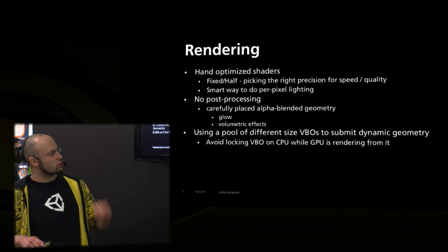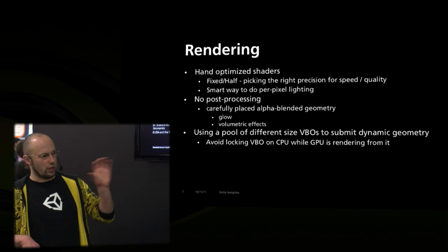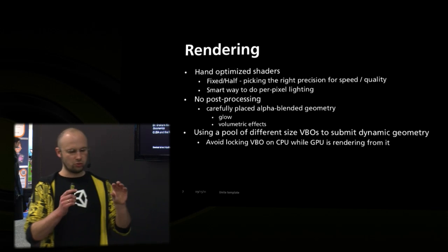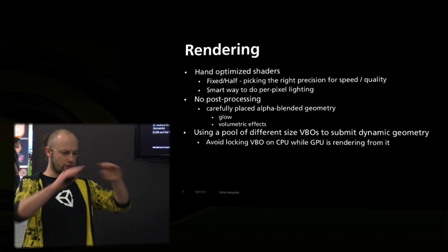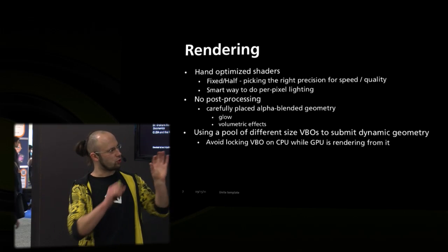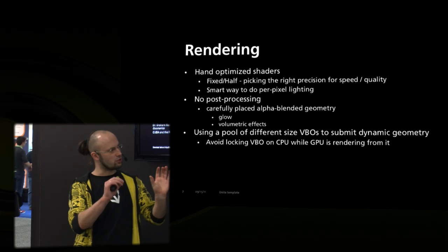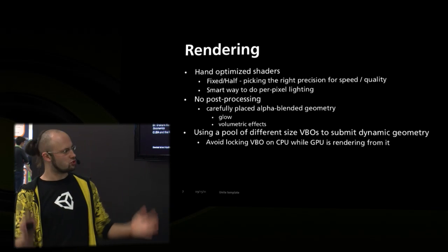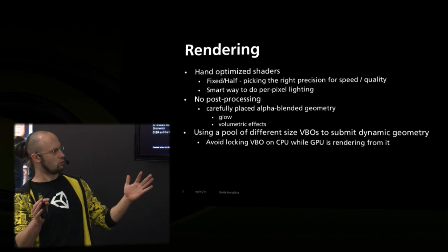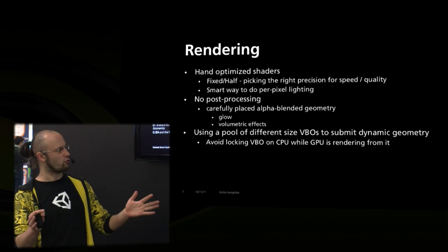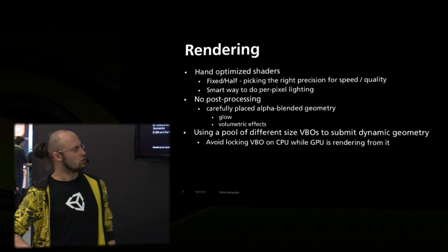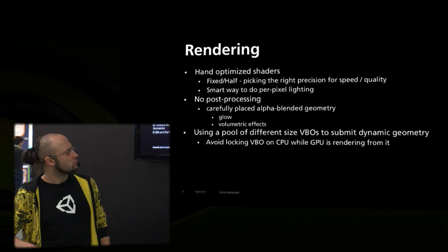To get all those glows and volumetric effects, we opted for hand-placed alpha-blended geometry, which we could control at runtime to minimize overdraw. With post-processing you always work with the full frame, but if you place only some alpha-blended geometry here and there, you don't need to cover the whole frame. You just place it where it has to be, so it saves you on fill rate.